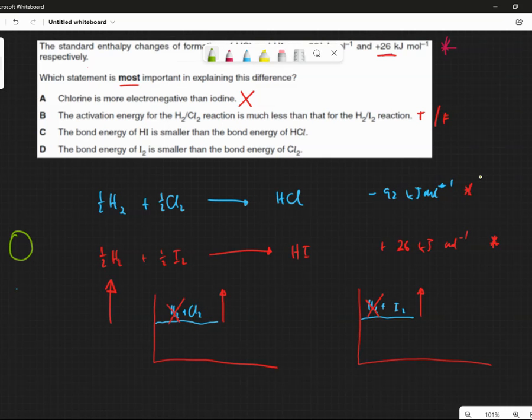If you remember Cl-Cl and I-I, which one of these bonds is longer? Which one is longer? Obviously, because no one's answering, the I-I bond is longer. Therefore, which is the weaker bond, the Cl-Cl or the I-I?